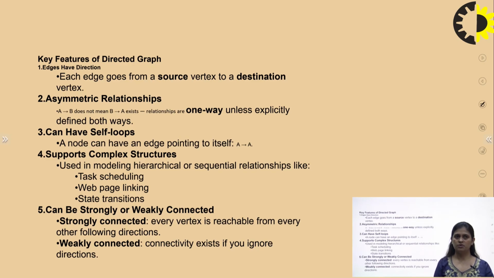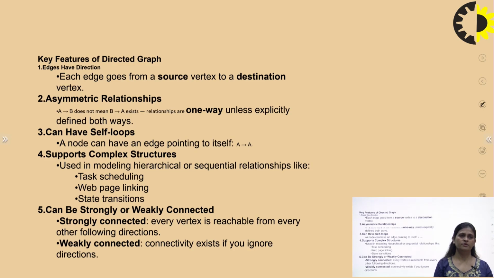Each edge goes from a source vertex to a destination vertex. Second is the asymmetric relationship. A pointing to B does not mean B pointing to A exists. If a direction is given from A to B, it is not compulsory to have a direction from B to A. The relationship is one way unless explicitly defined both ways.